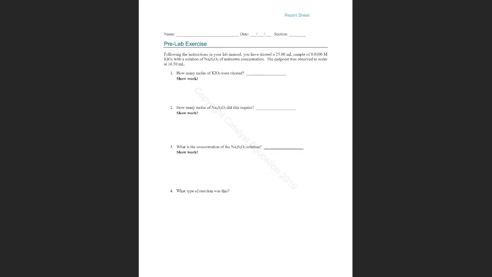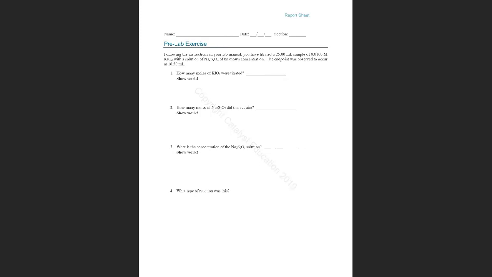I want to make sure there are many problems similar to this one in the pre-lab quiz. So I would like you to practice and make sure it's clear. So here it says, pre-lab exercise.